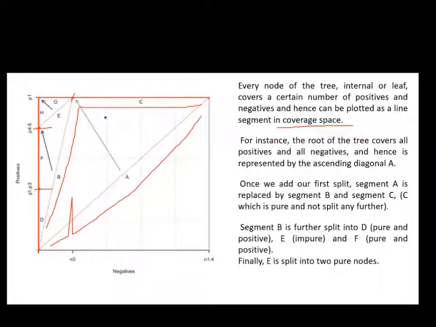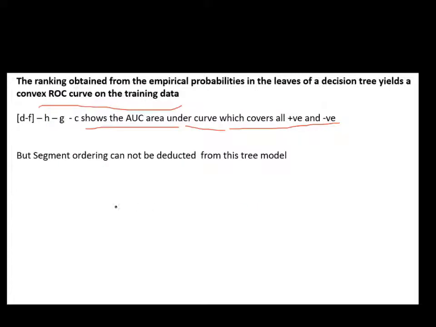D covers some positives, F covers some other positives, HG covers positives, E also covers positives, but C covers all negatives. But segment ordering cannot be deduced from this tree model.